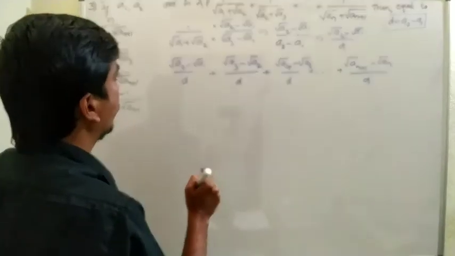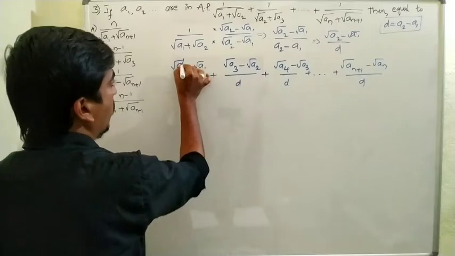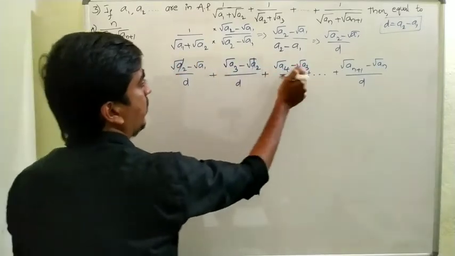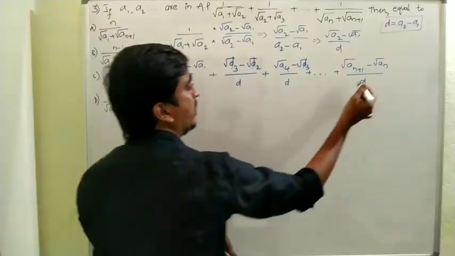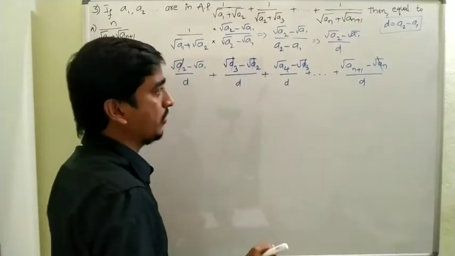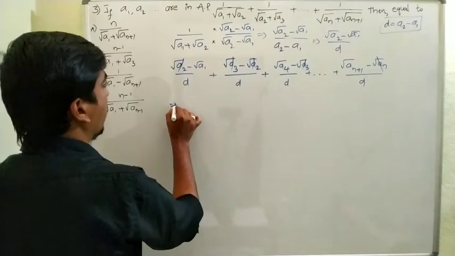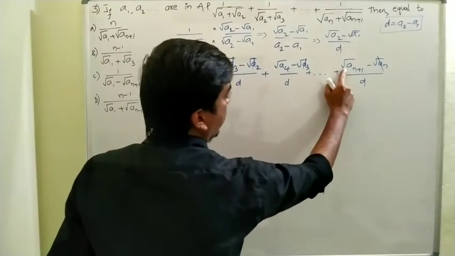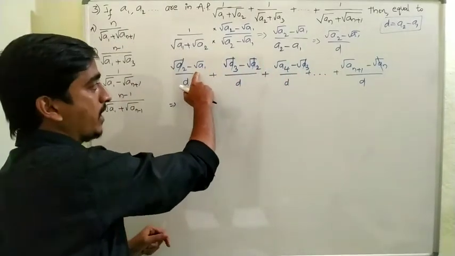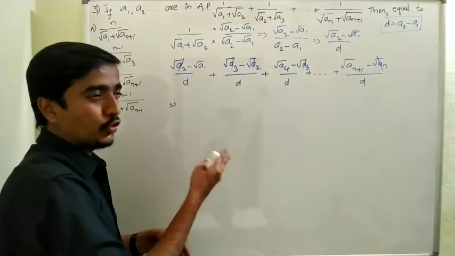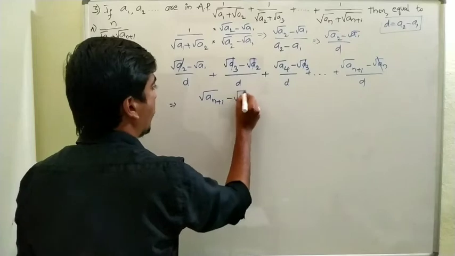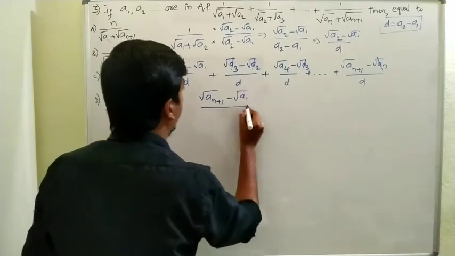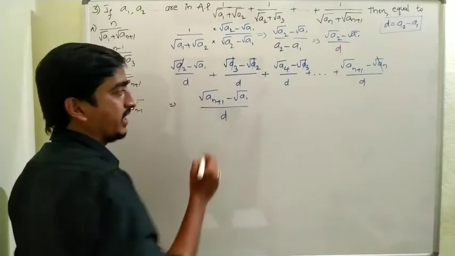So here root a2 minus root a2 gets cancelled, root a3 minus root a3 gets cancelled, and in the same way root an is also cancelled. Then what is left here? Root a(n+1) minus root a1 is left in the numerator, so under root a(n+1) minus under root a1 by the common difference d.